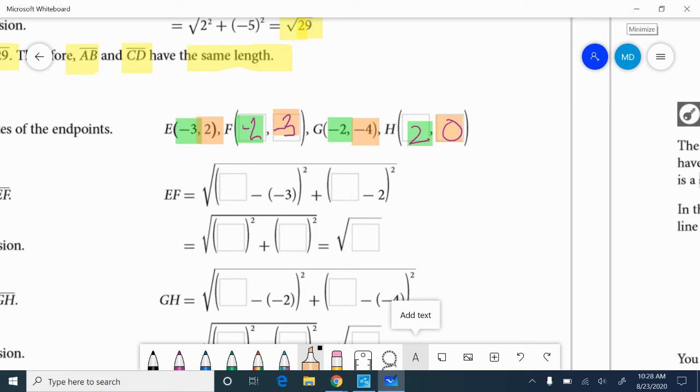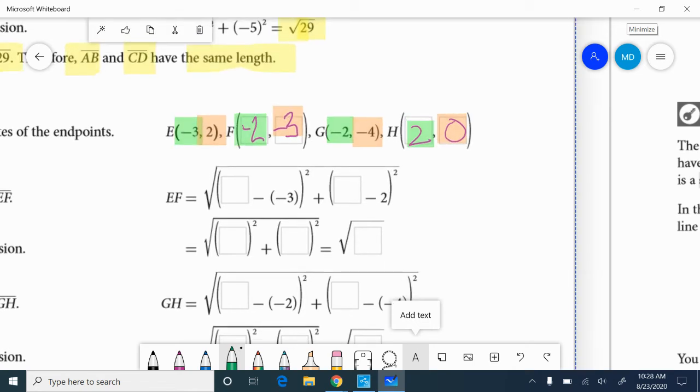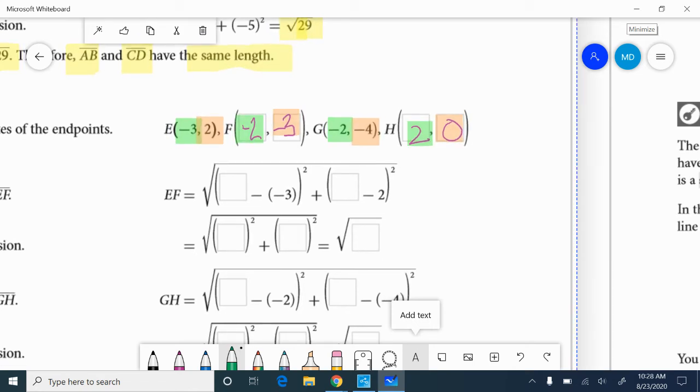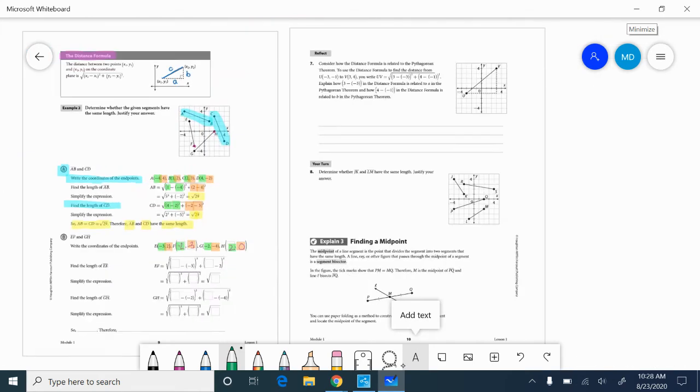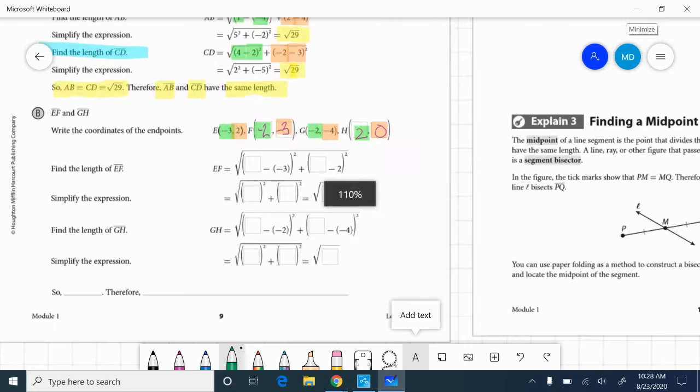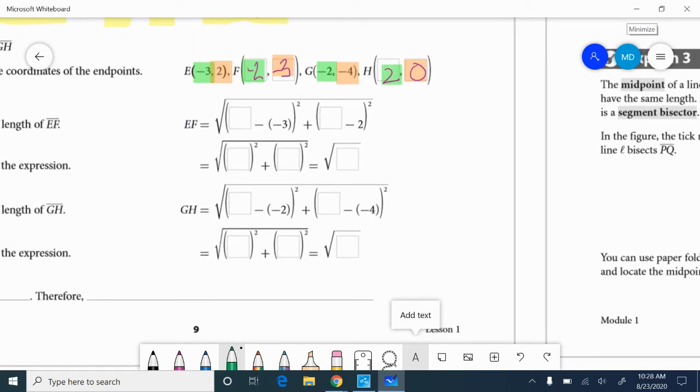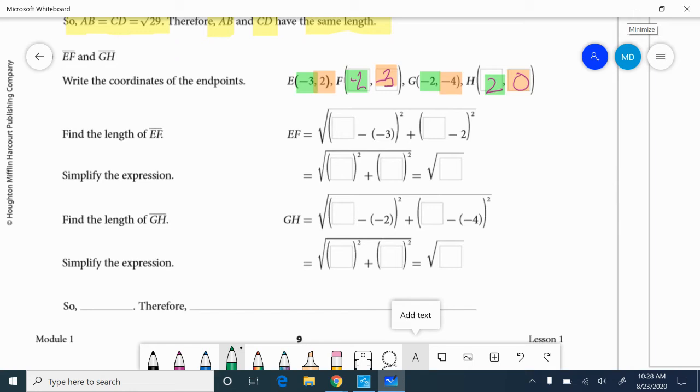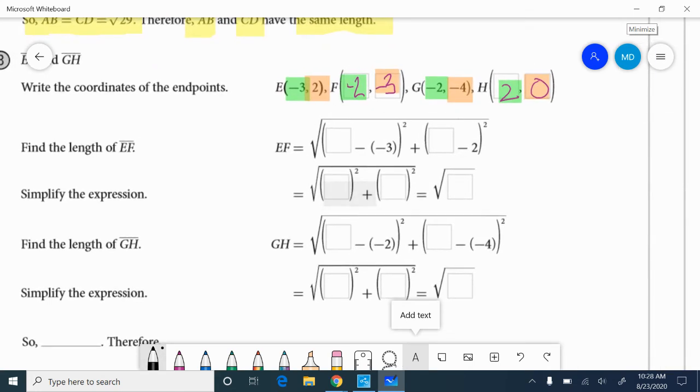All right, so I'm going to write with green to match the highlighter color. And so for EF, I need to subtract my x's. They already have -3 here, which means I'm going to need to put -2. I'm going to need to write -2 there. And I'm actually just going to use black because I don't have an orange pen and I don't think it'll look very good.